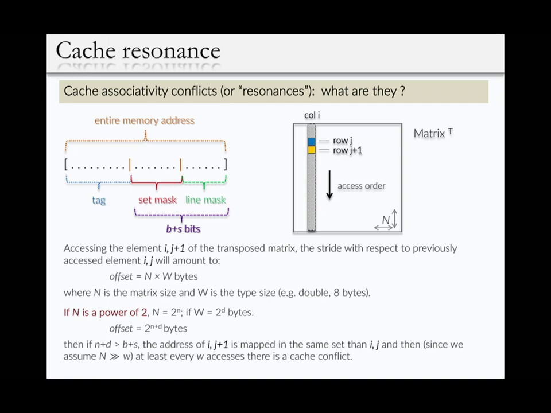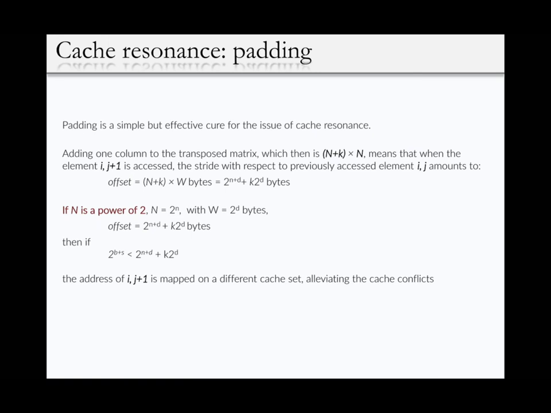And when this happens, you see clearly the effect on the bandwidth that just drops down. This is called the cache resonance. So you have hit exactly the combination of n and of the type that leads to the cache resonance. What you can do is to pad, actually.